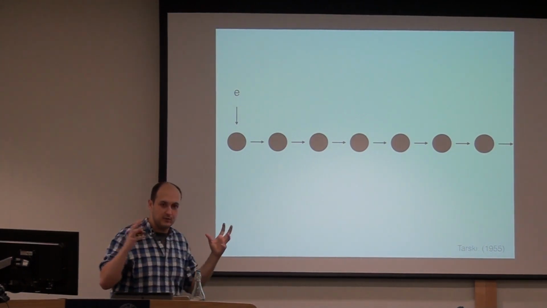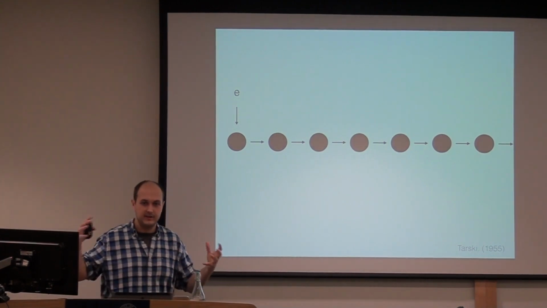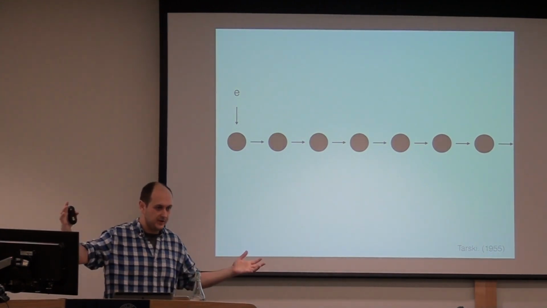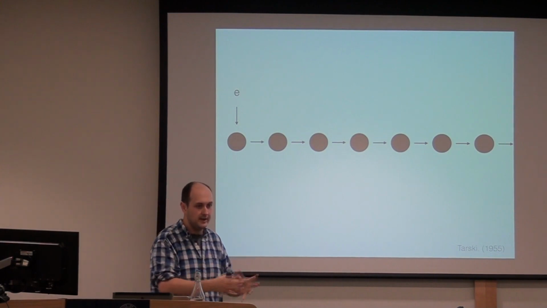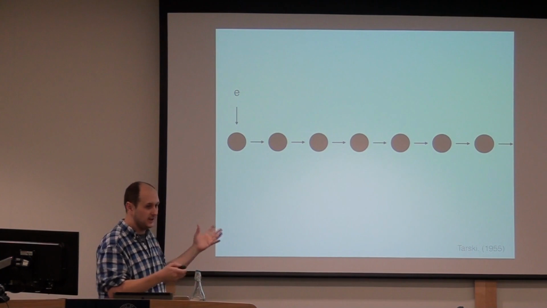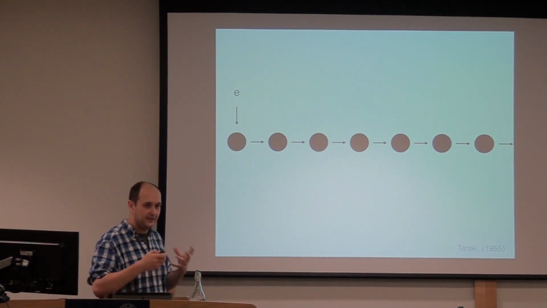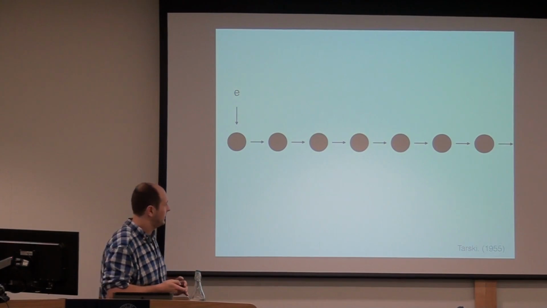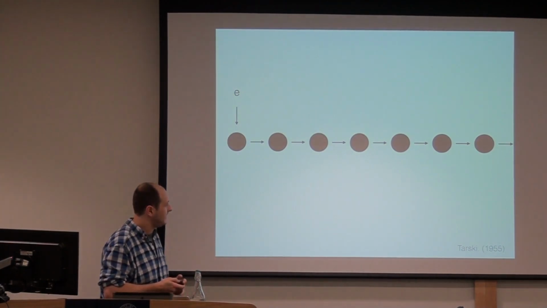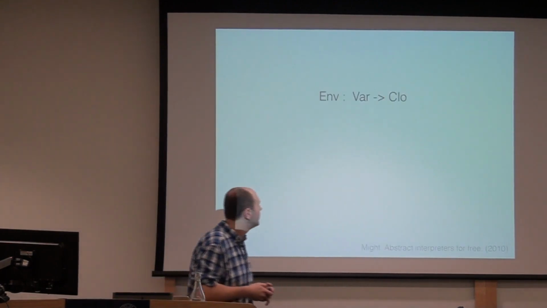What we've done is we haven't removed the unboundedness in our program, but we've concentrated it. We've taken unboundedness that exists in all possible evaluation contexts and focused it into this one big fixed point loop. So we might not have a fixed point loop that we can compute in a finite number of steps, but we do have a fixed point that we can approximate using the tool of abstract interpretation.